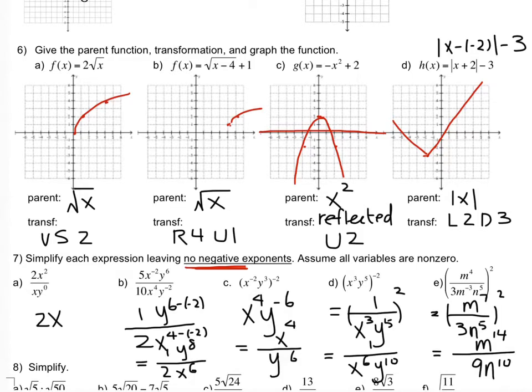Letter B, 5 over 10, so immediately you can reduce 5 over 10 down to 1 over 2. X to the 4th power, x to the negative 2 power, so 4 is greater than negative 2. So I take the bigger number, which is 4, minus the smaller number, negative 2. 4 minus negative 2. 4 was at bottom originally, so I keep it at the bottom.